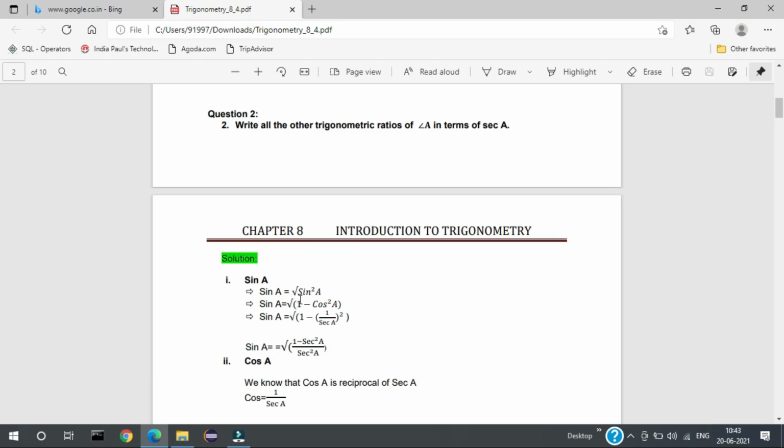So root of 1 minus cos square A. Cos A can be written as 1 by secant A. So root of 1 minus (1 by secant A) whole square. So sin A equals root of secant square A minus 1, by secant A.